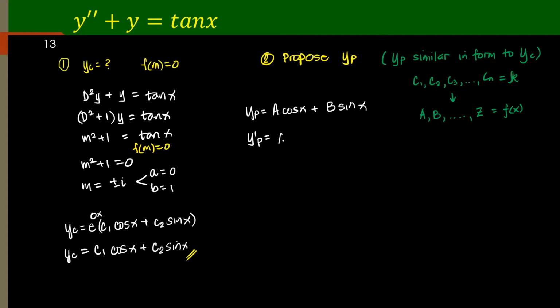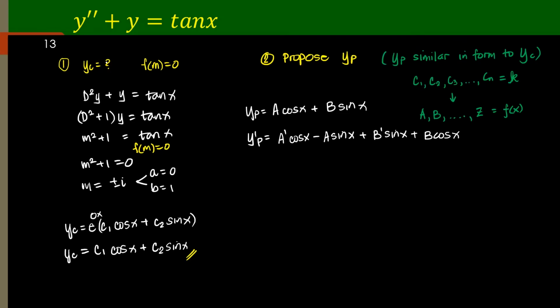Derivative of the first, copy the second, derivative of the second, and copy the first. So it becomes minus A sine of x plus A prime cosine of x plus B prime sine of x plus B cosine of x. And then what's going to happen here is that I need a double prime.